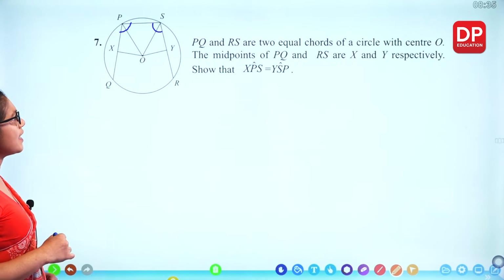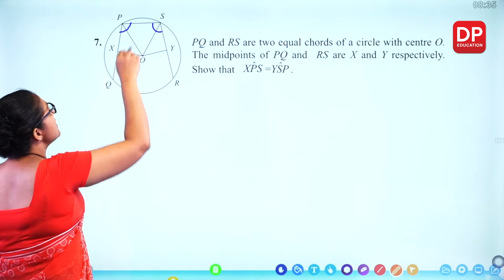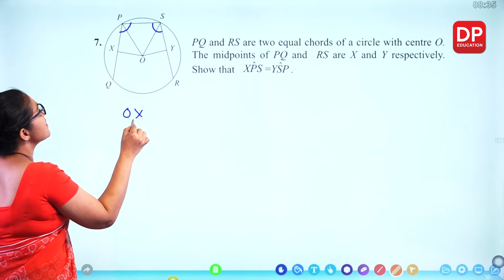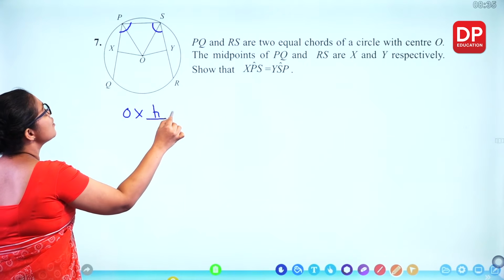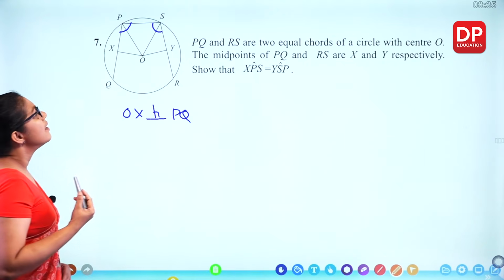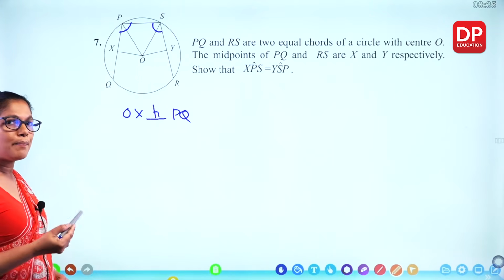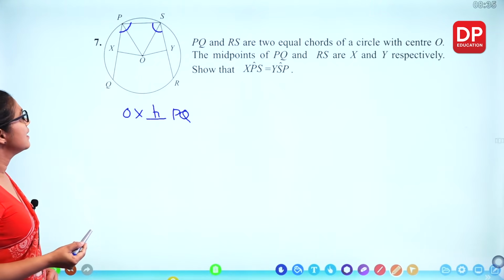So first thing we can do, look at this diagram. You can straight away write down OX perpendicular to PQ, because this is the chord and the line joining the midpoint and the center.